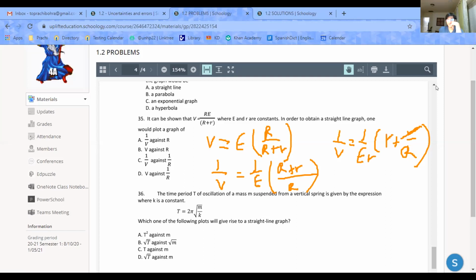Wait, no, I don't think I did that right. No, I was saying if you divide by the r that's inside the parentheses, would it also divide this 1 by r? Yeah, you would have to, I guess, because you would have to divide this whole thing by r. But then it would also be in the v. Doesn't the v also have to be on its own?